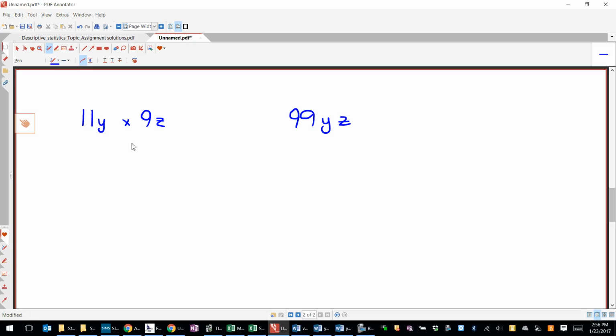Why is it 99yz? Because you could just take out the times sign because they're all getting multiplied together. Yeah. When my final answer was 9q times 5p, all I did was take out the times sign, but you said you didn't accept that as an answer. So what I did was add those together. Yeah.